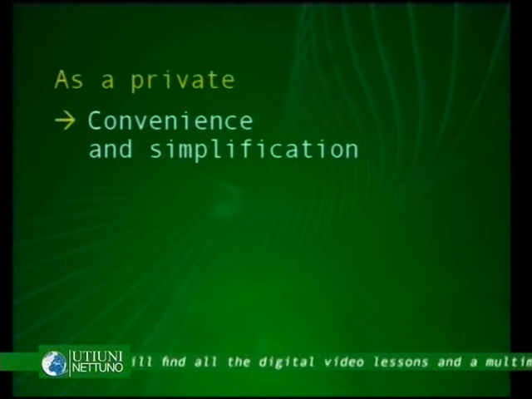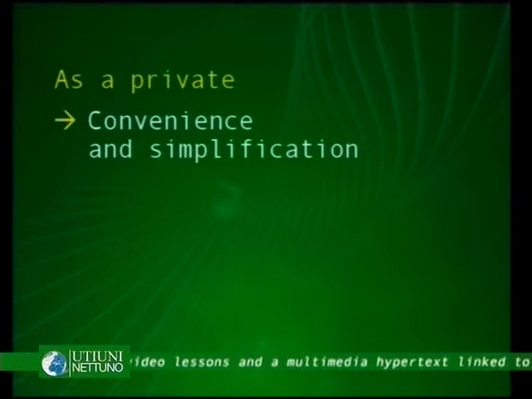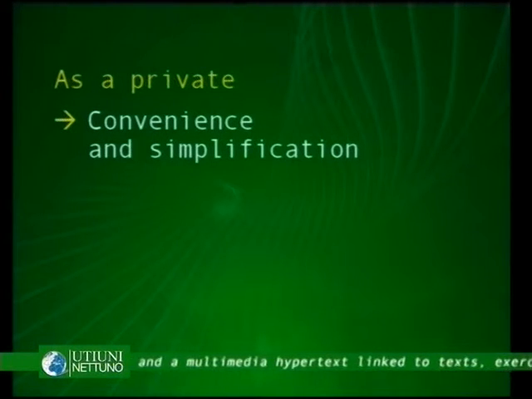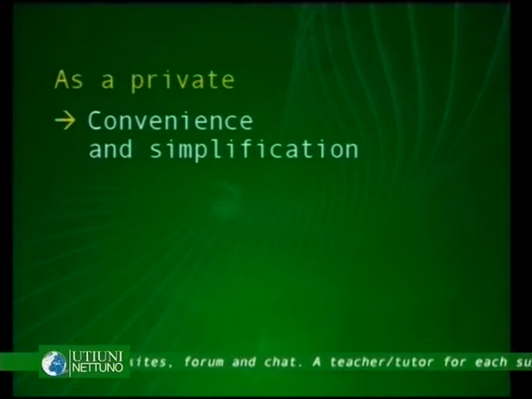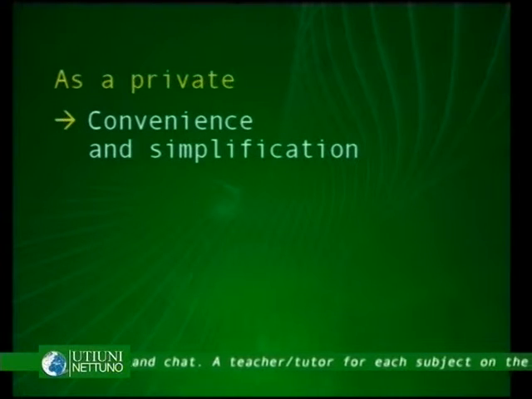We must not forget that any entrepreneur is also a private individual. So the corporate relationship manager has two different tasks: to think of the entrepreneur as the leader of the company, but also as a private individual. And as a private individual, the entrepreneur is looking for convenience and simplification.